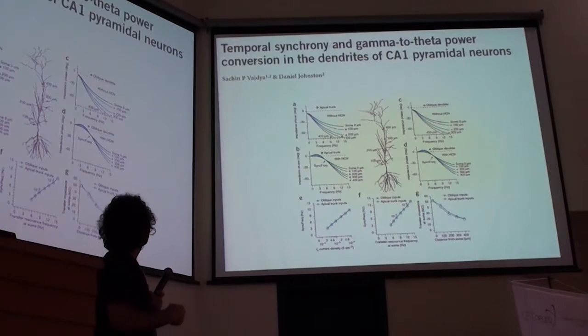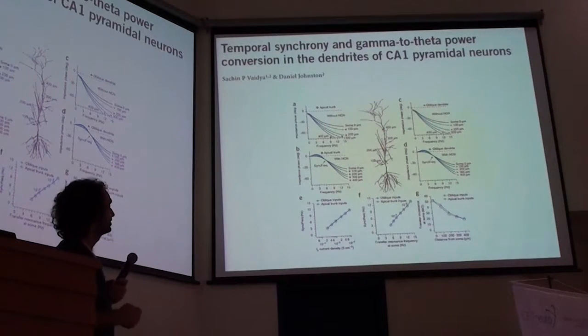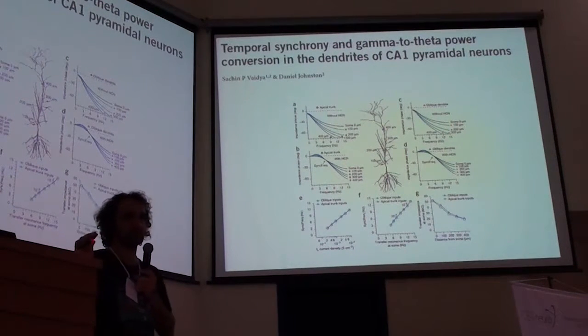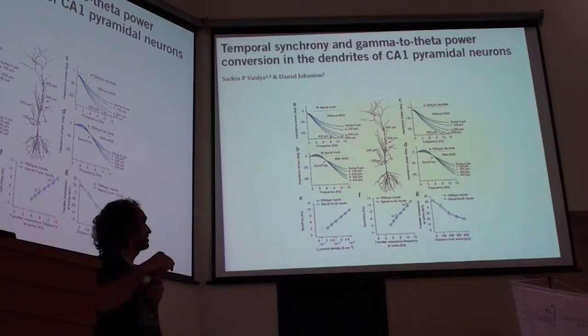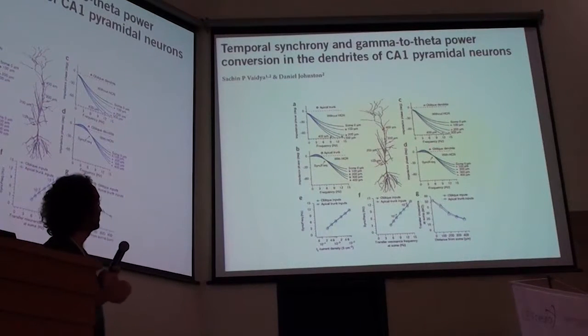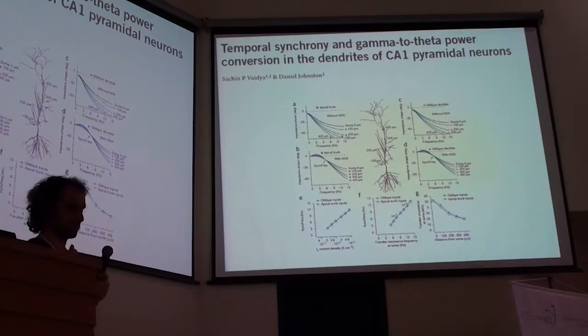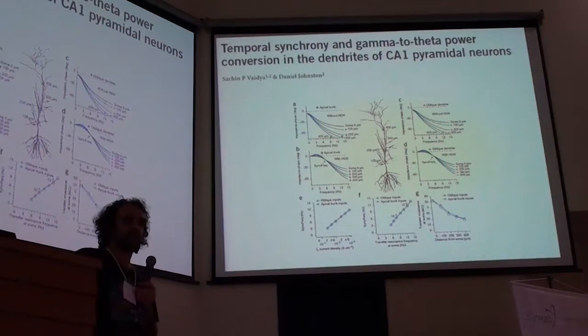And then there's a paper from Dan Johnston, I think in Nature Neuroscience in 2014, that shows this conversion of high frequency to low frequency rhythms in inputs in the distal dendrite of pyramidal cells. This is a model one, but they did some experiments showing that if you stimulate the distal dendrite in gamma, it conveys theta to the soma.